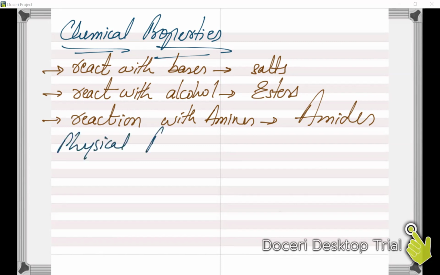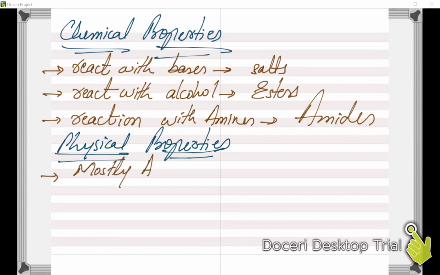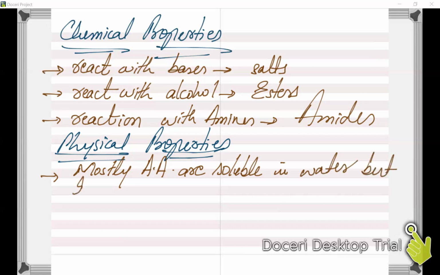As far as their physical properties are concerned, let me remind you once again that I'm not going to discuss very much detail over here, because that will be more relevant when we discuss the topic individually. So not all the amino acids are soluble in water, but mostly the amino acids are soluble in water, but insoluble in organic solvents.